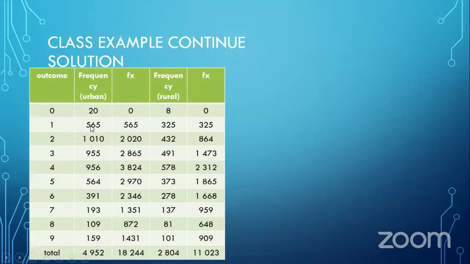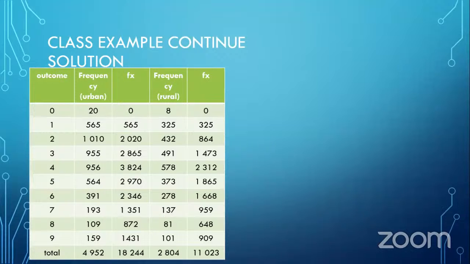From 565 households with one person living in each, obviously there are 565 people living in those households. And with 1010 households with 2 people each, there are 2020 people. So now we are counting the total of the people living in those households.